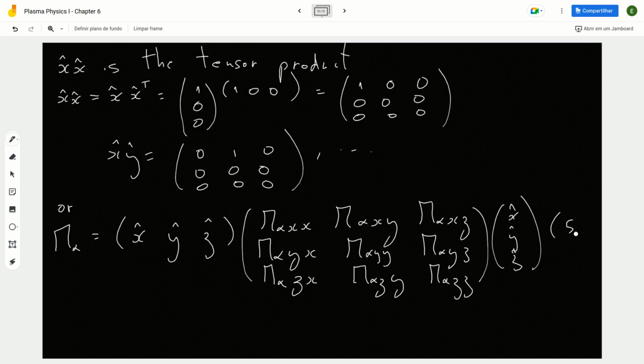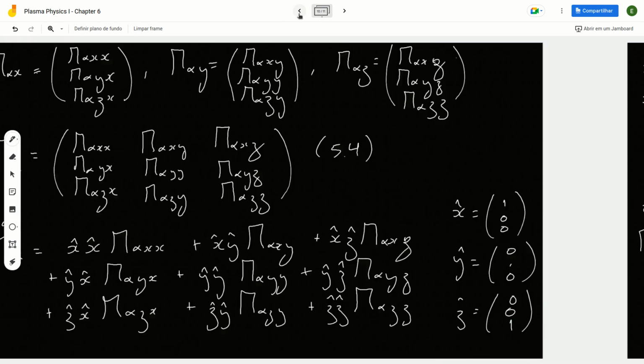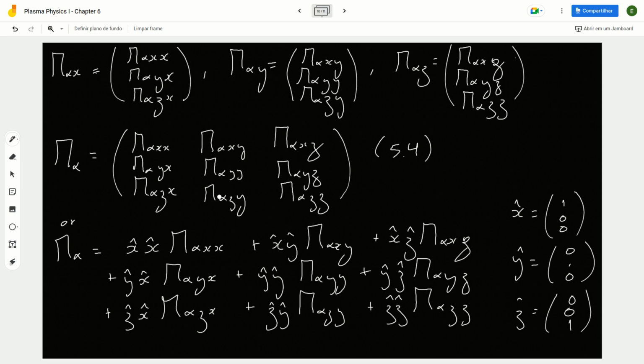Why not? Yeah, that's it. All these notations denote the same thing. It's just the tensor. So the easiest way to do it is just to write the matrix. Okay, 5.4 is the preferred way for me, but you may use any one.